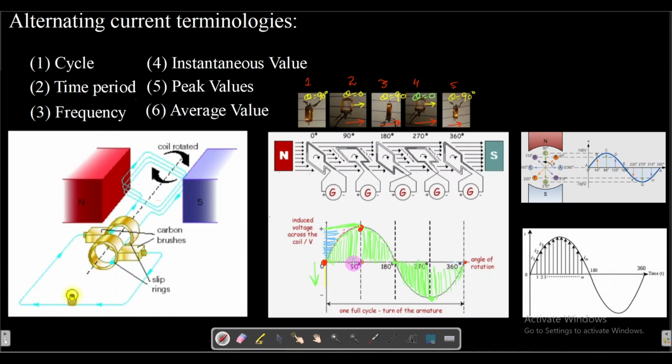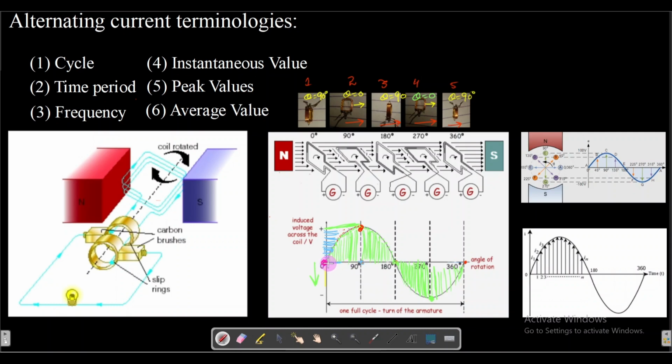Okay, so if we increase the degree up to 90, the magnitude of this line is increasing. This line is actually the line between the instantaneous value here and this equilibrium position. So we call this the amplitude.